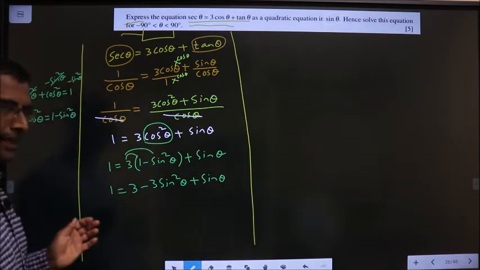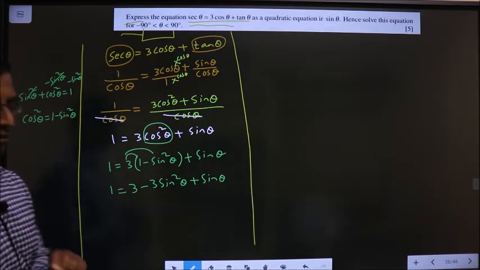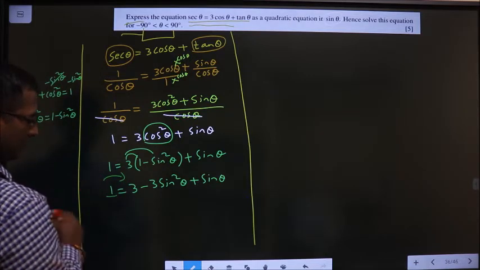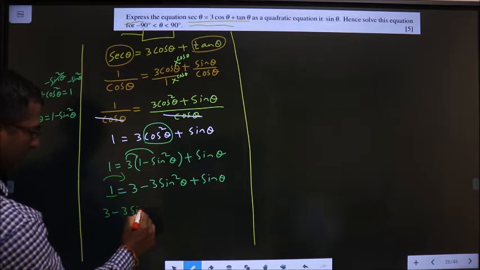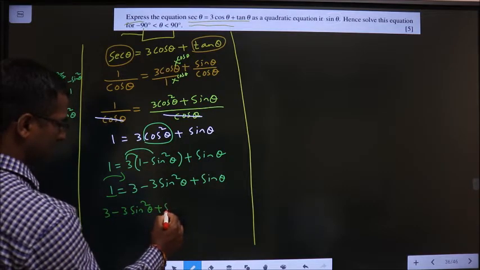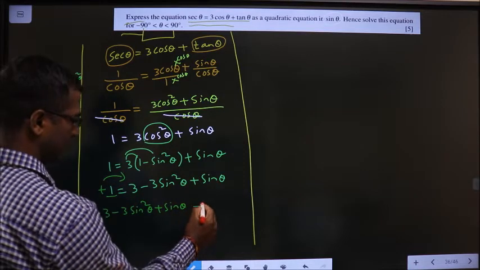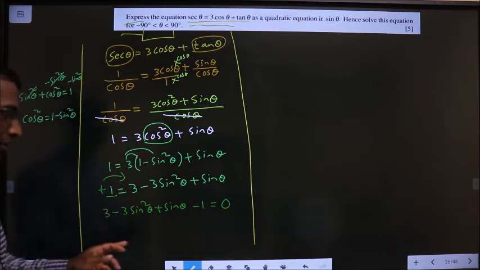Next, take all the terms to one side and arrange it in proper quadratic form. What I mean is shift this one this side. So what do I get? 3 minus 3 sin square theta plus sin theta. Here it is plus 1. After shifting it will become minus 1 equal to 0. Now write it in proper quadratic form.